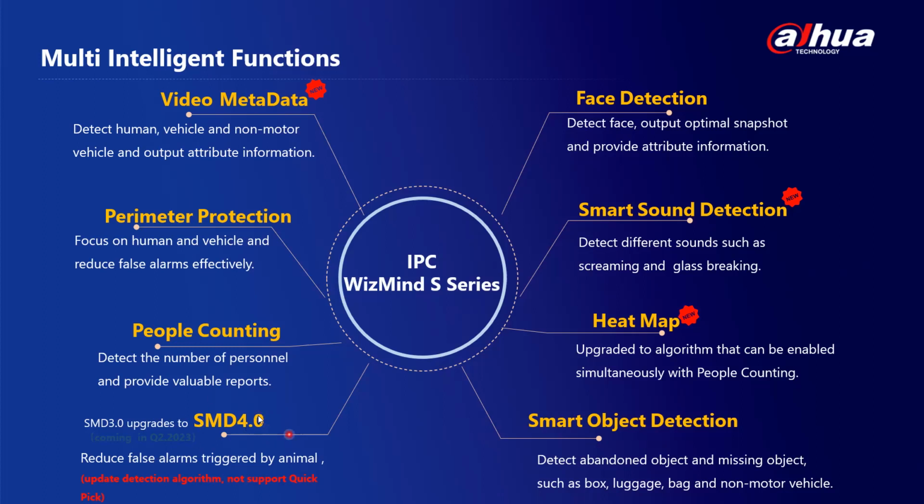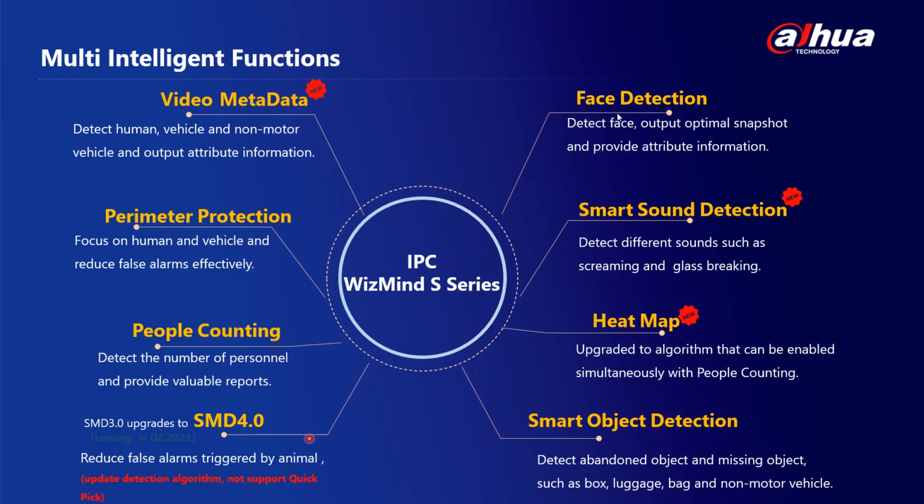Having that ability of detecting objects at that particular rate ends up reducing a lot of false alarms triggered by animals and any other non-essential alarm trigger. The only challenge is that the updated detection algorithm does not support the quick pick function. So maybe in future we'll have the quick pick function supported on this WizMind S series.